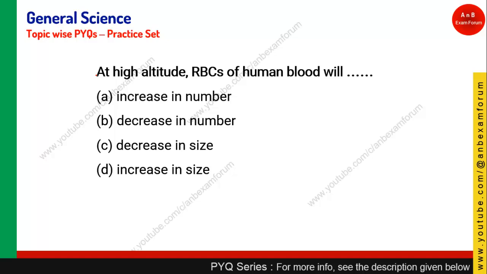To meet this requirement, the body will produce a greater number of red blood cells to carry more oxygen. So the number is going to increase at the higher altitude. This is the response of the body, so that you carry more oxygen and can breathe easily at the higher altitude.